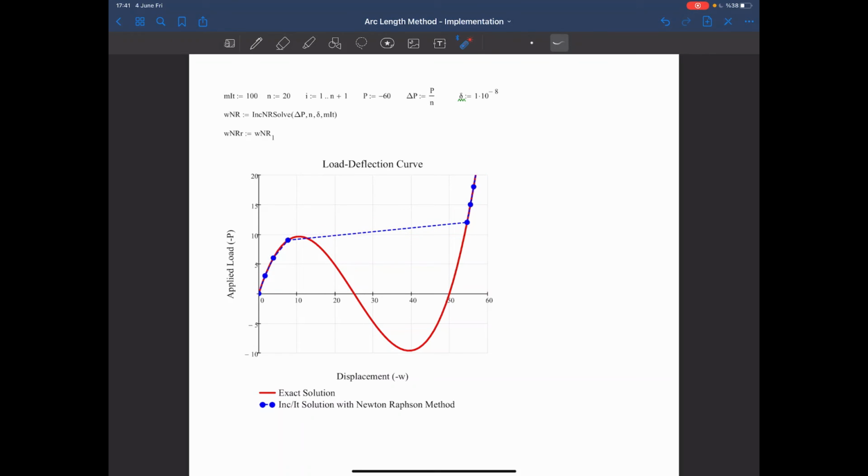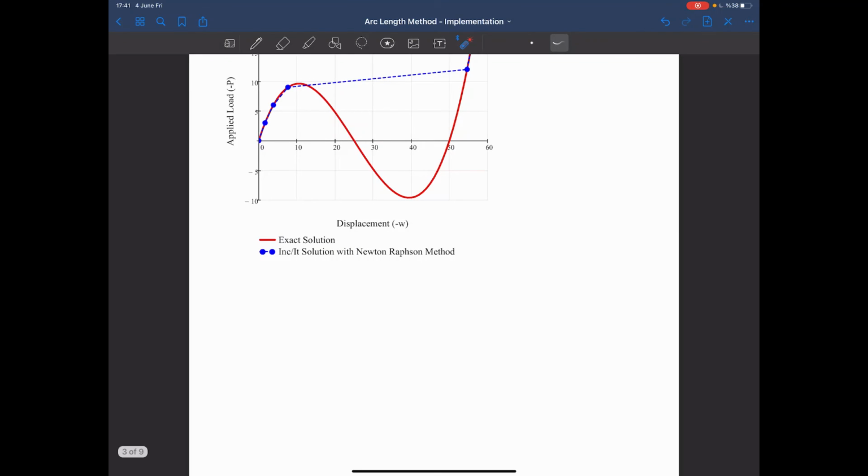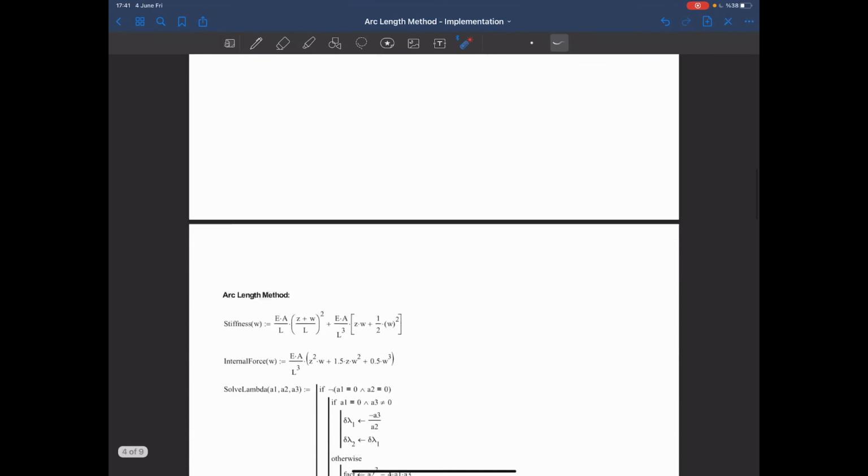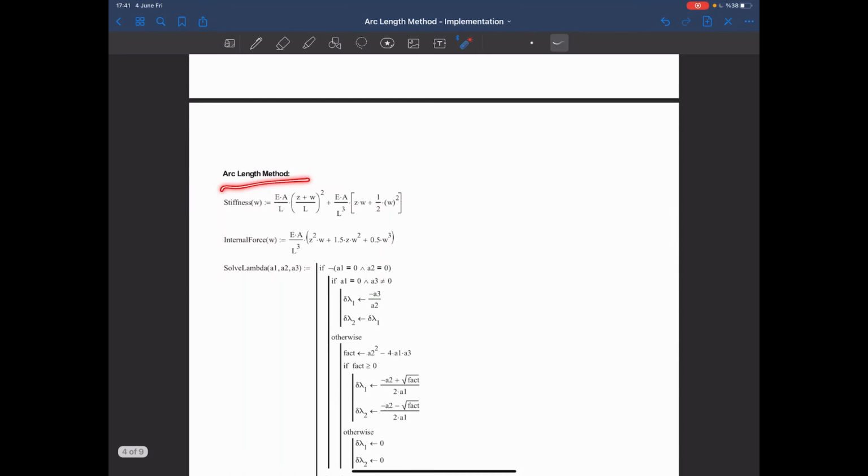So basically, if you use the Newton-Raphson method, you miss the limit point, you miss the unstable region, and you get a jump here and then catch a new equilibrium point. But we missed all what happens between these two points. So that's the deficiency of the Newton-Raphson method. Limit points and softening unstable regions cannot be solved. So that's why we have the arc length method.